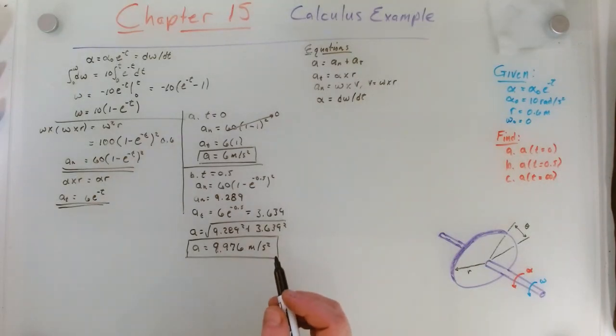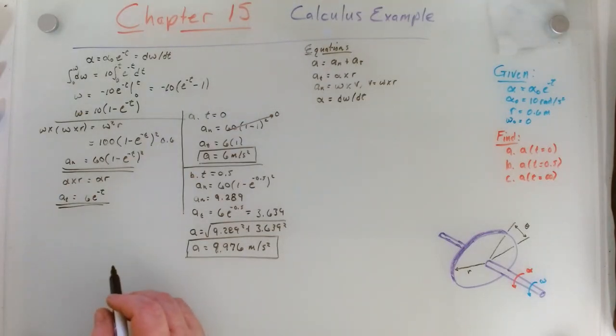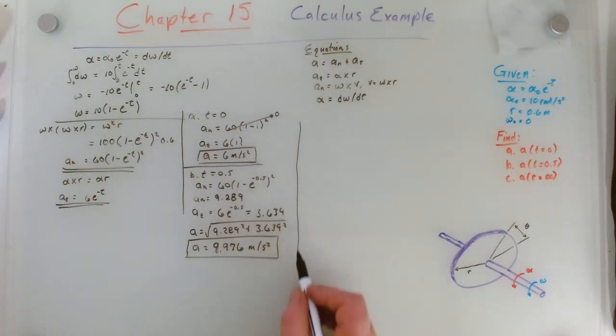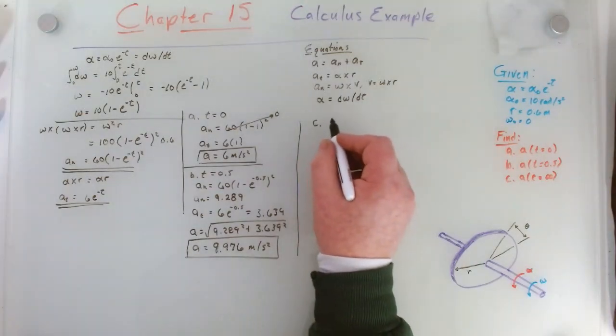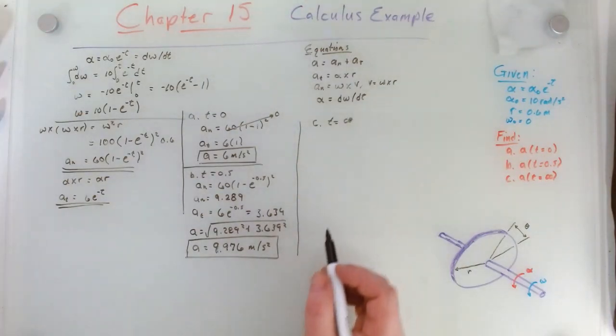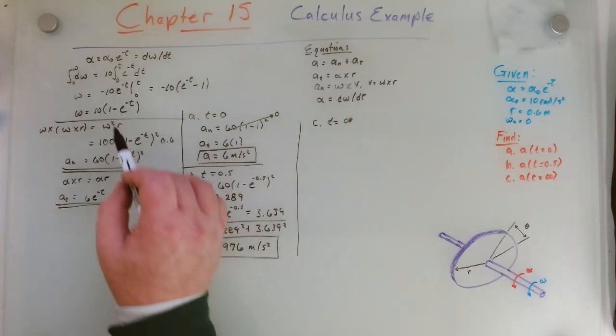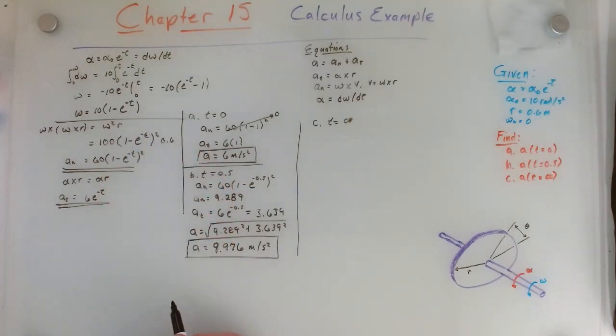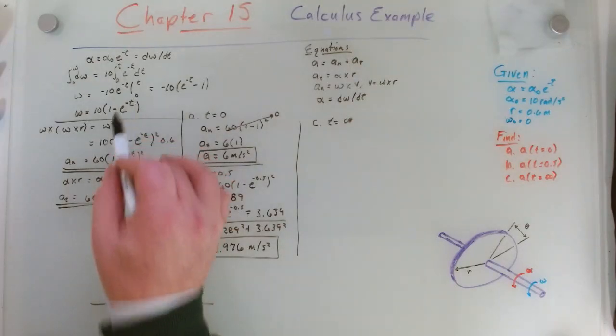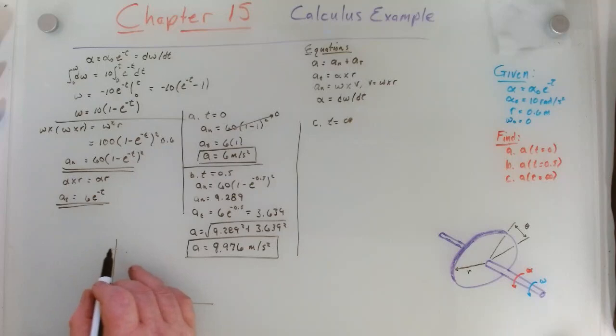So, let's see. Okay, and part C, t equals infinity. So, don't let this trip you up. Here's what it means. e to the minus t is a decaying exponential. And as we noticed, if we just plot it out, e to the 0 was 1, right? So 1 goes here.